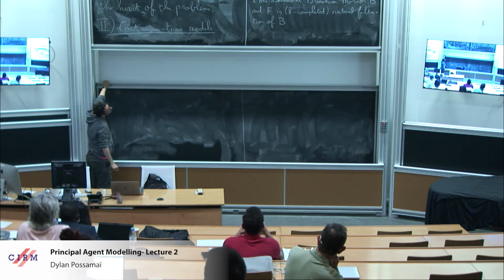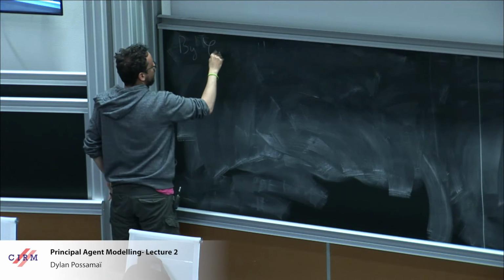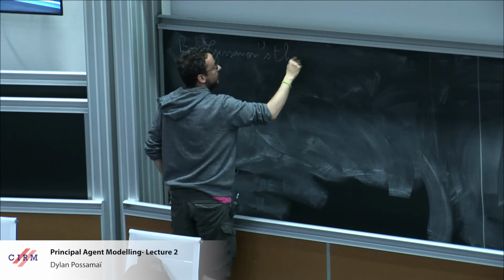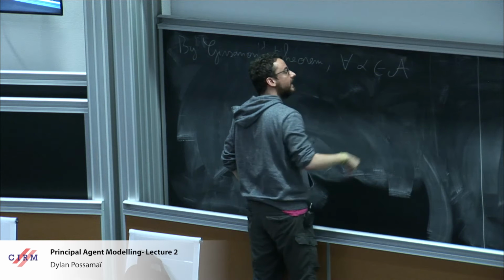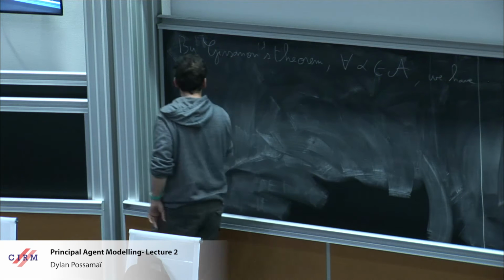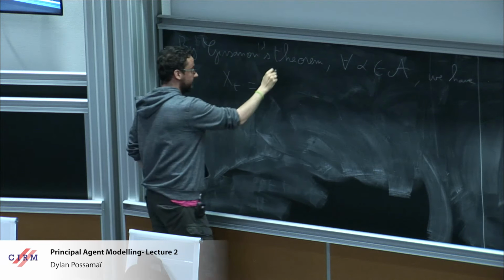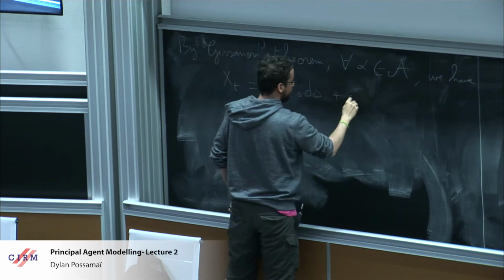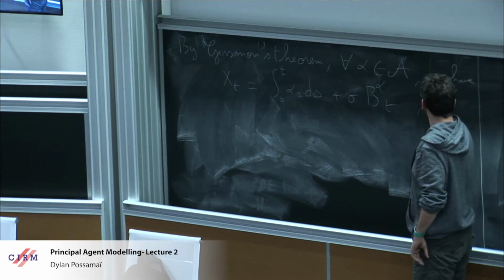Okay, so now of course we know that by Girsanov's theorem, if you take any alpha in that set, you have that. Now you can write the output as follows.